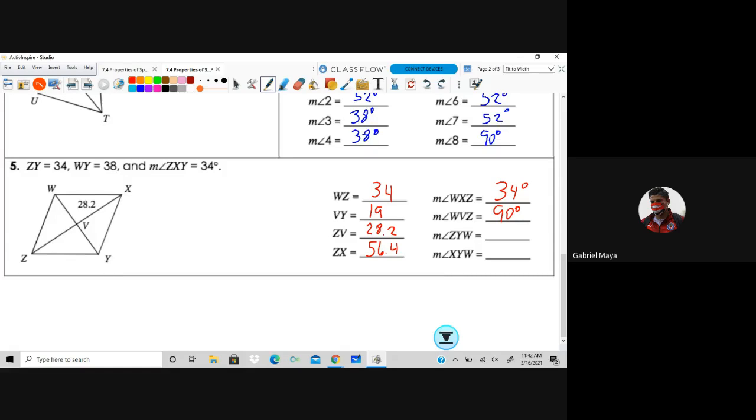If you do that on any parallelogram, you might get it wrong. If you do it on any parallelogram, you better hope that it's a rhombus or a square. But that's a bit of a spoiler. What about ZYW? ZYW, that's over here.